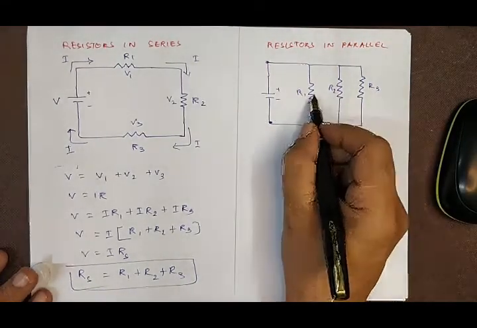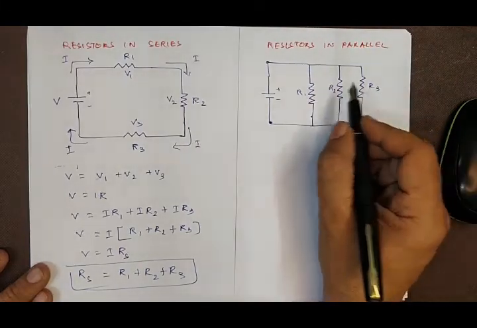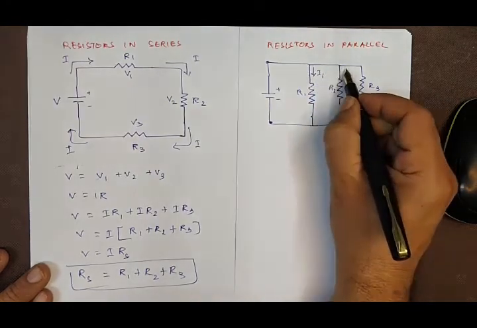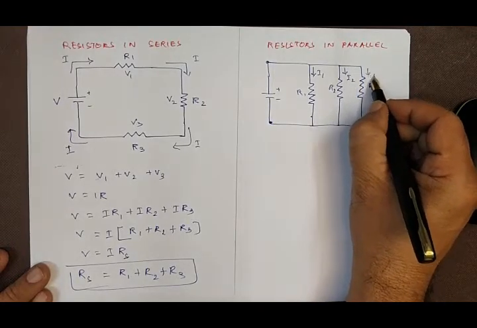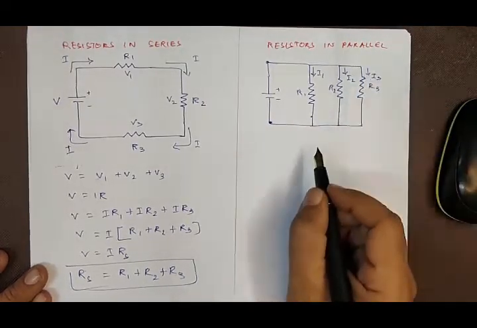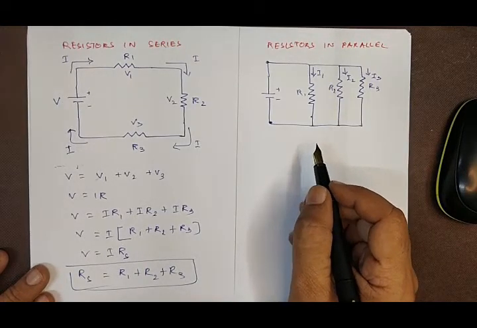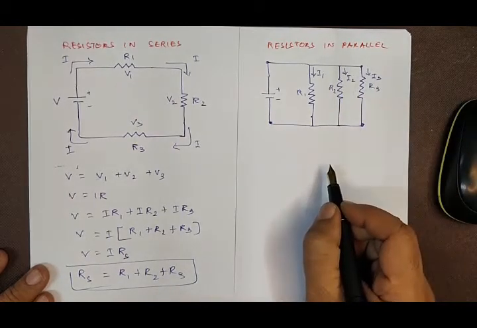Now, since they are parallel, I1 will be changing here. So here it is I1, here it is I2, here it is I3. Do you understand? Whereas across these junctions, V is constant.